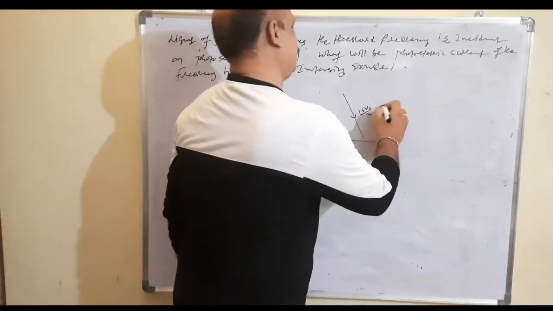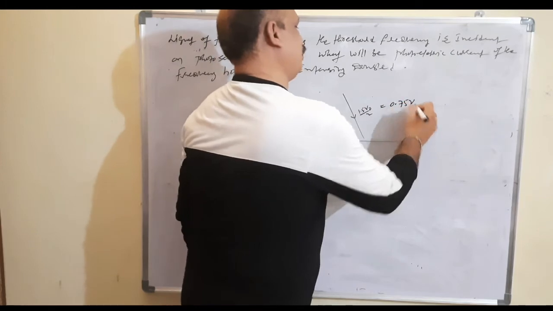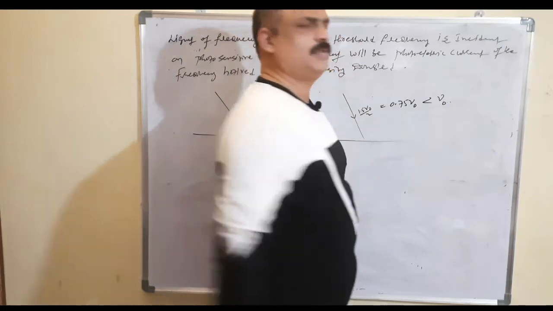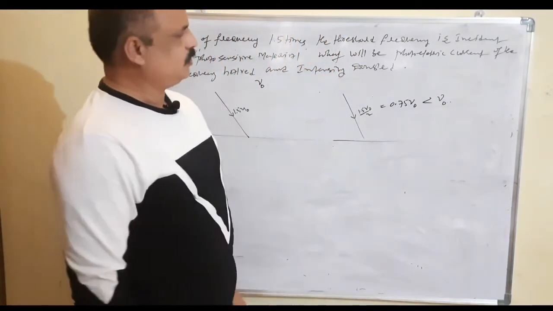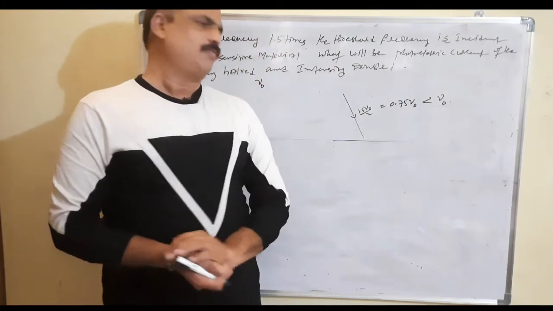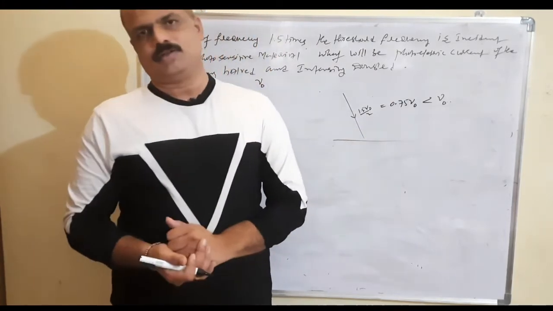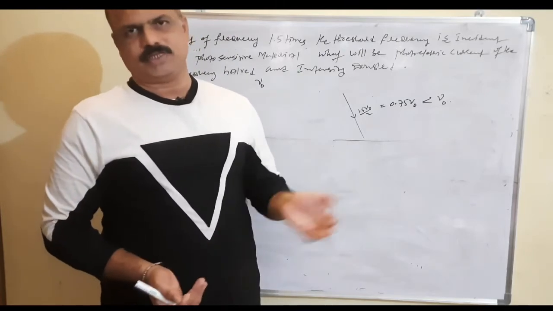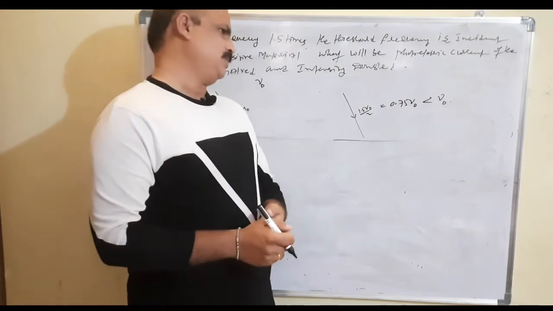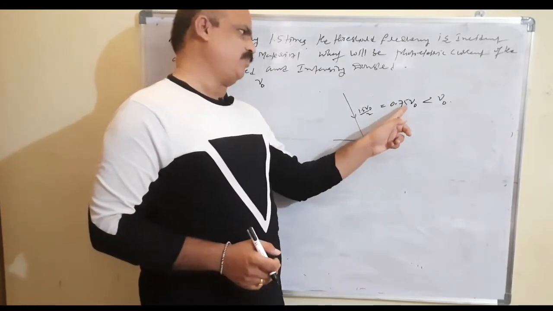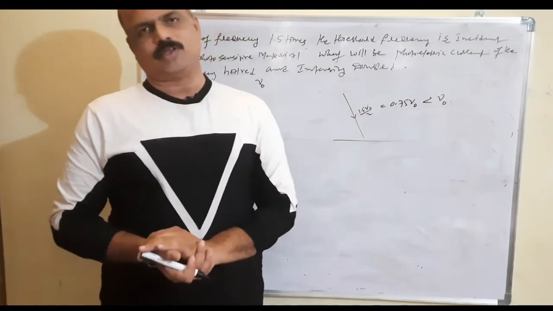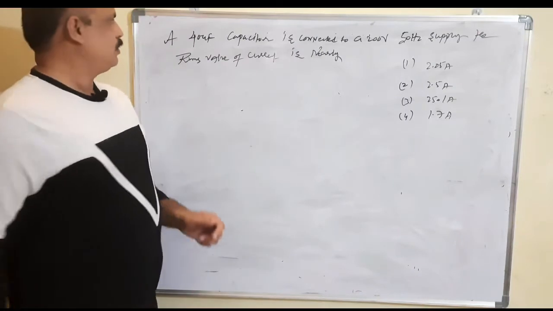We get 0.75 mu naught. This is less than the threshold frequency. So no photoelectron is emitted from the photosensitive metal, so the current is 0. Our option is 0. No photoelectric current is available, because this frequency 0.75 mu naught is less than the threshold frequency. So no photoelectrons are liberated from the surface. Our answer is 0.